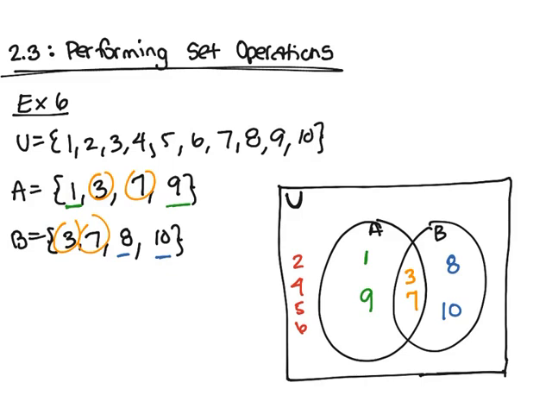Okay? Now, the actual operation says find, parenthesis, A. That symbol stands for what? Intersection or union? This right here stands for union.